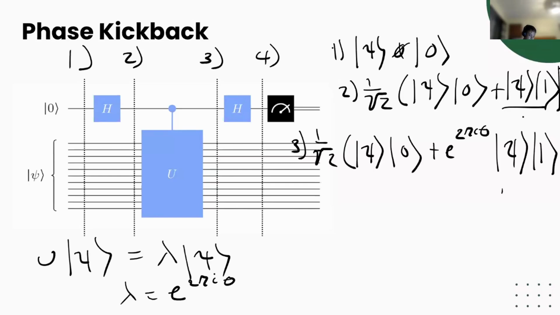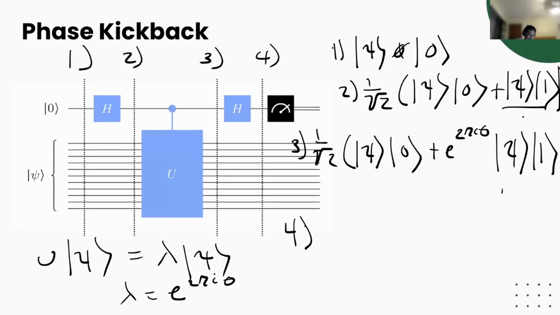Once we do this, we're finally going to get this state. Just double checking notes. Okay, good. It's going to be this state here.